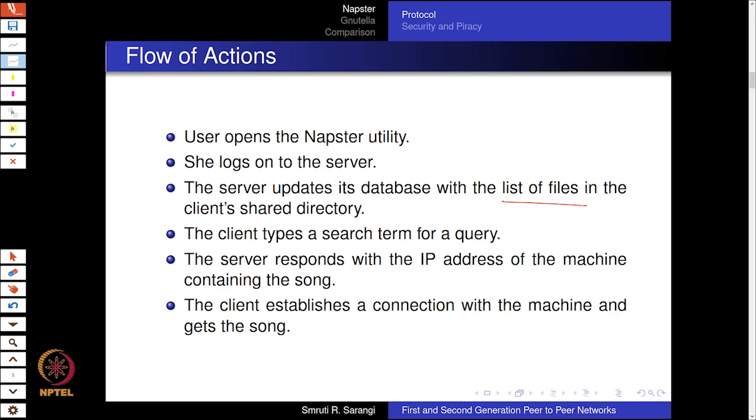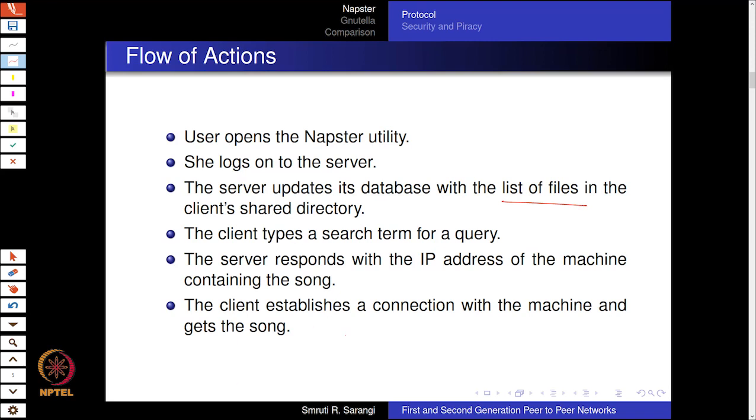Then let's say the client wanted a certain file. The client would write a query string and search for that kind of file. The server would respond with the IP address of the machine that contains the song. The client would establish a connection with the machine with that IP address and get the song.